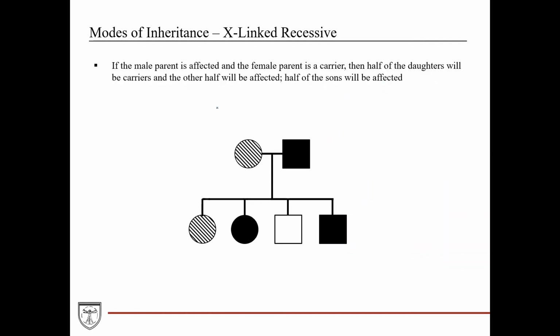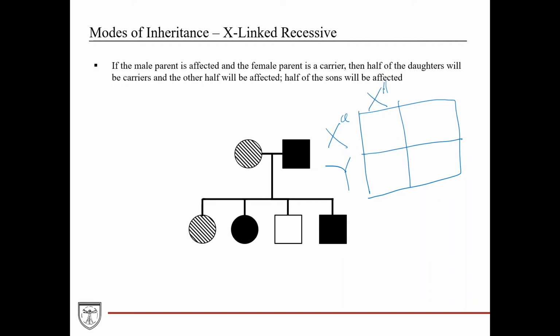Now let's go to another scenario here. If the male parent is affected, meaning he has a copy of the recessive allele along with his Y chromosome, and then the female parent is a carrier, so she has one dominant allele and one recessive allele, what will happen is if we look at the daughters, they have to inherit an X chromosome from their father, and so they're going to inherit at least one recessive allele no matter what.